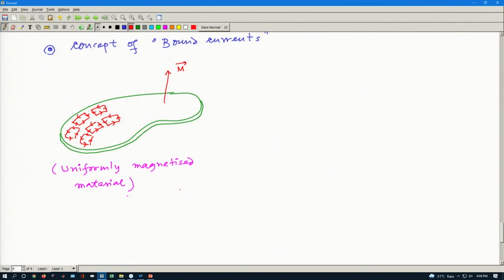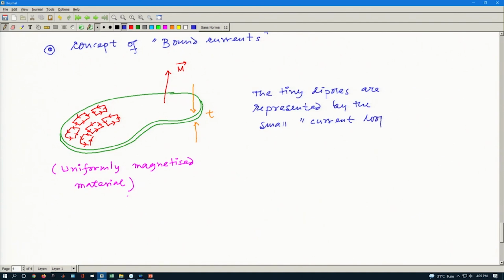We have a thickness here because I have a material, so let us have this thickness to be T. The tiny dipoles, as I mentioned, are represented by small current loops.